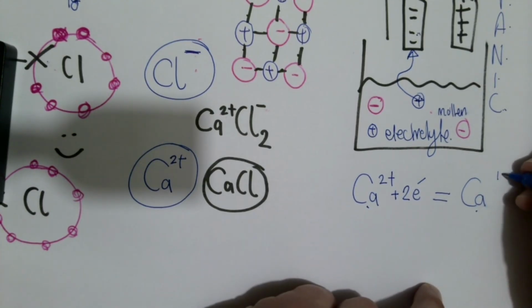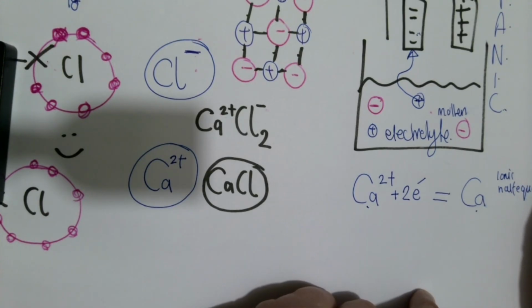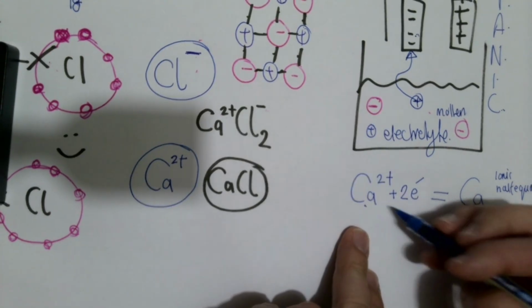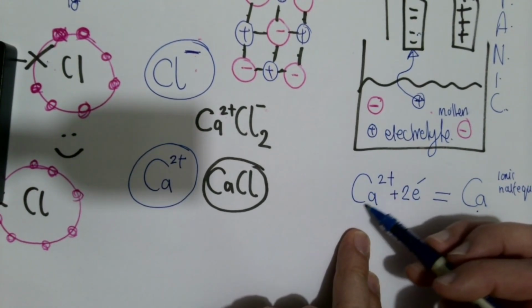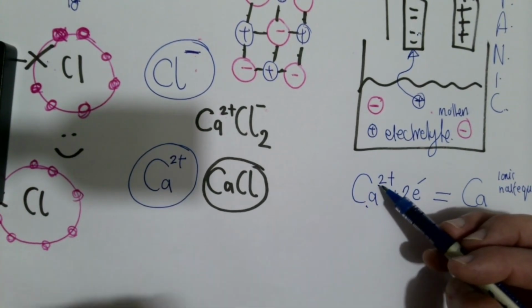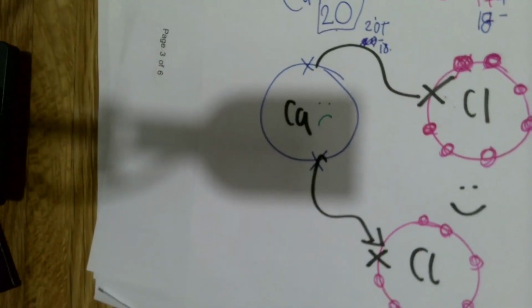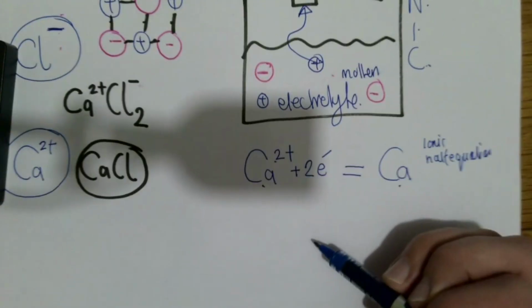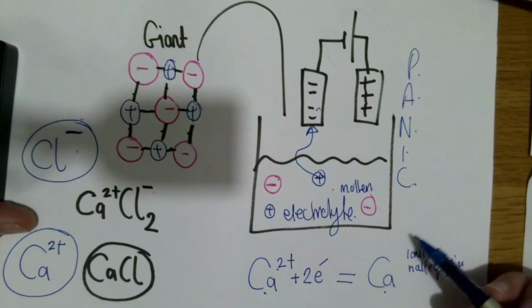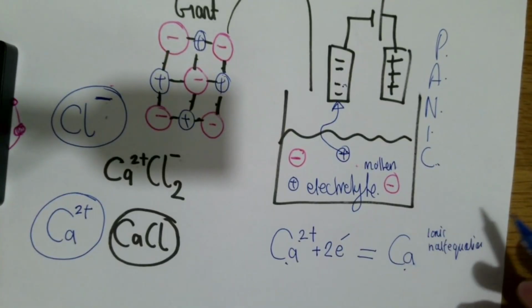These are known as ionic half equations, and you will have to balance them. Notice that because it's Ca2+, it lost 2 electrons all the way back in this story. What we do is put them back on, and that happens up there on the cathode.